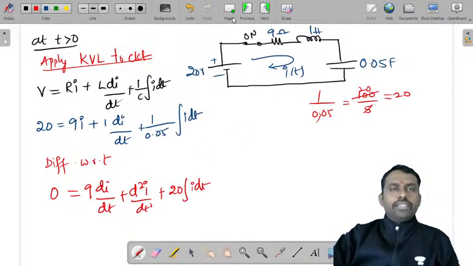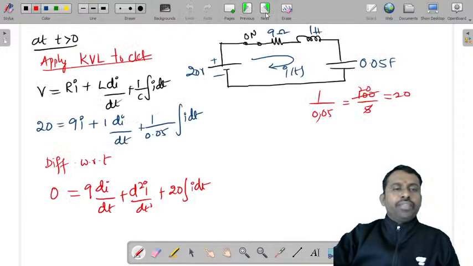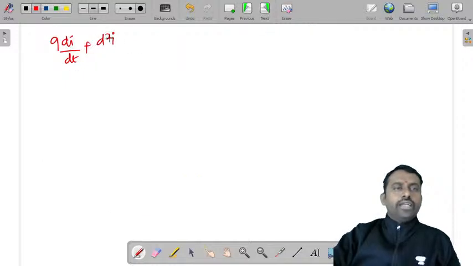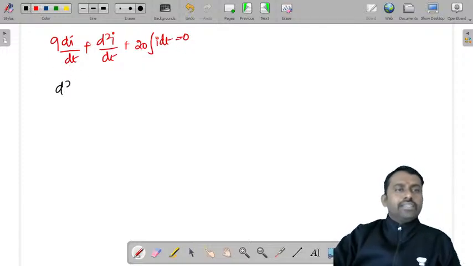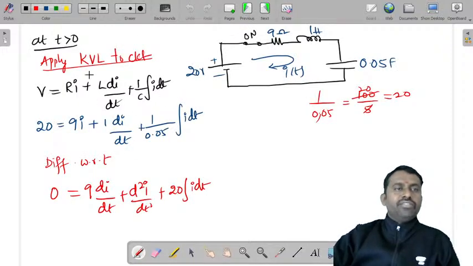Now let's try to write this in the next slide. So we got 9 di by dt plus d square I by dt square plus 20 integral I dt is equal to 0. So you can write this equation with the higher order term first, plus 9 di by dt plus, sorry, when you differentiate this, you will not get the integral here.